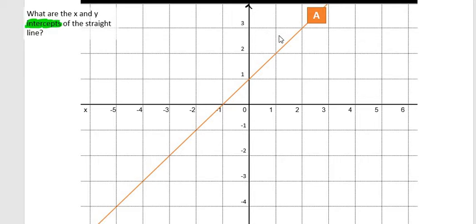So you said the graph intercepts the y-axis at 1, so that will be right here, and this will be called the y-intercept. This is our y-axis. And so the y-intercept is, what value you got? Positive 1. Positive 1. Very good. What is the x-intercept? What is the x-intercept?